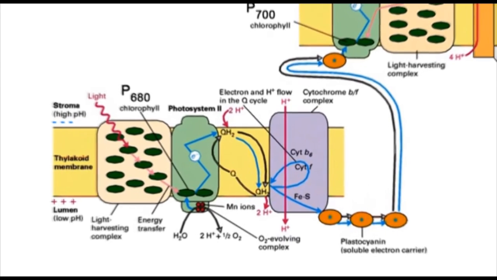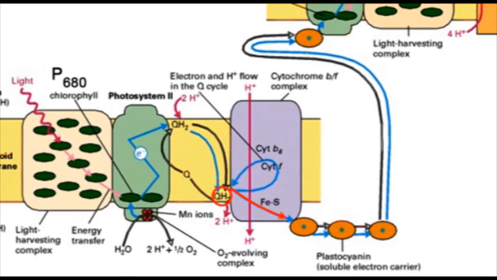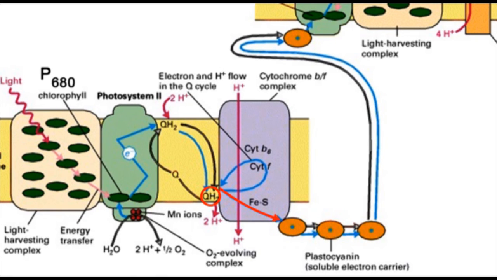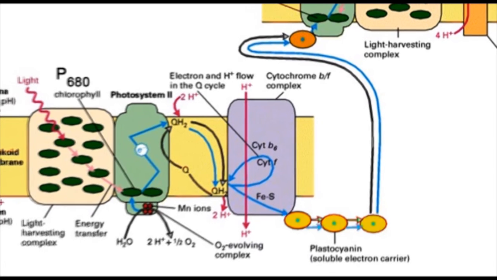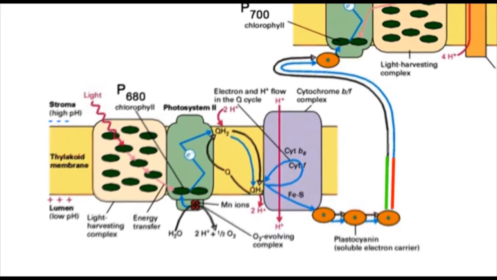After the cytochrome Bf complex accepts electrons from QH2, it transfers them one at a time to the soluble Cu2+ form of plastocyanin, reducing it to the Cu+ form. Reduced plastocyanin then diffuses to the thylakoid lumen, carrying the electron to PS1.